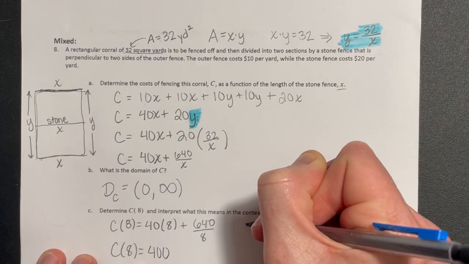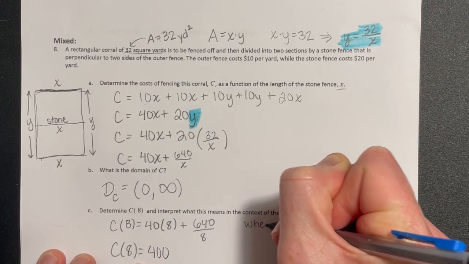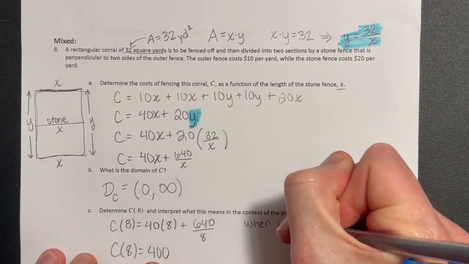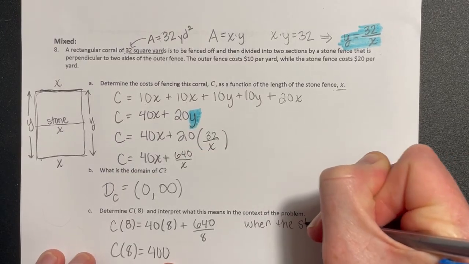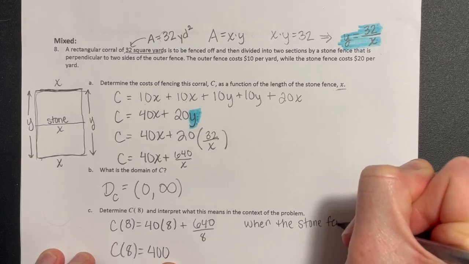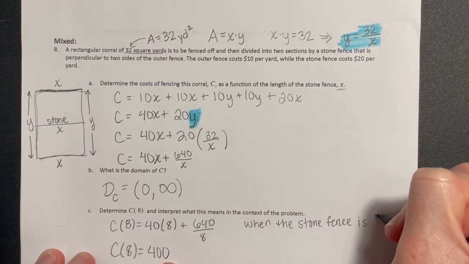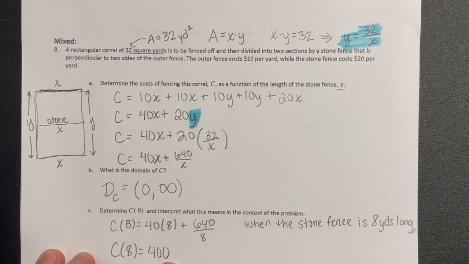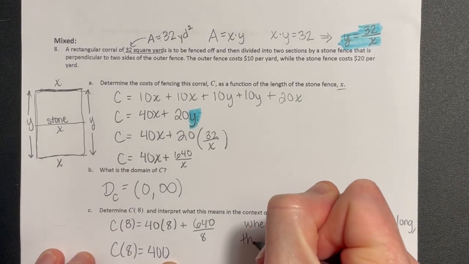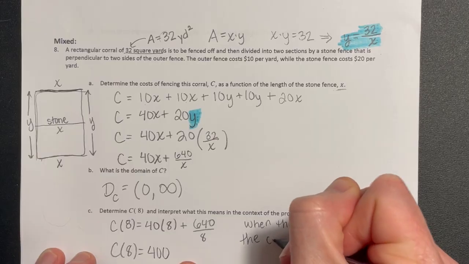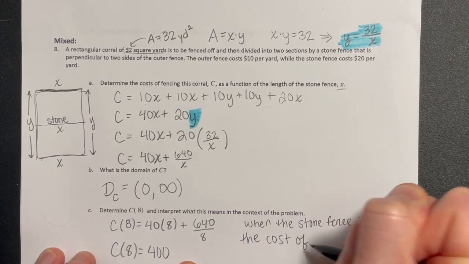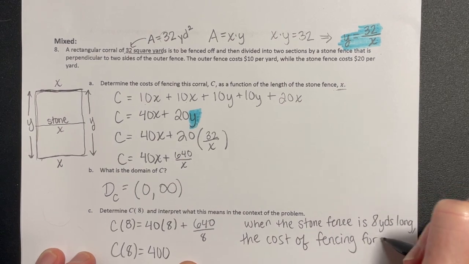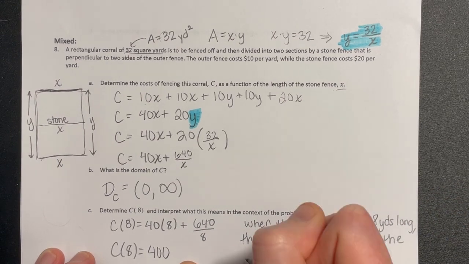And if we interpret what that means, x is the length of the stone fence. So when the stone fence is 8 yards long, the cost of the corral will be $400.